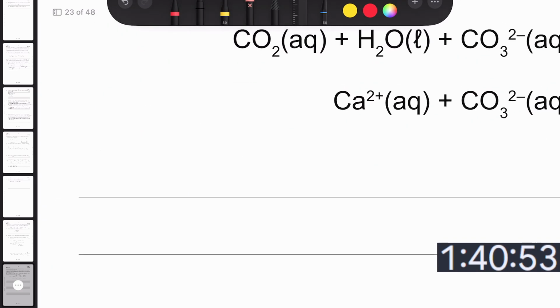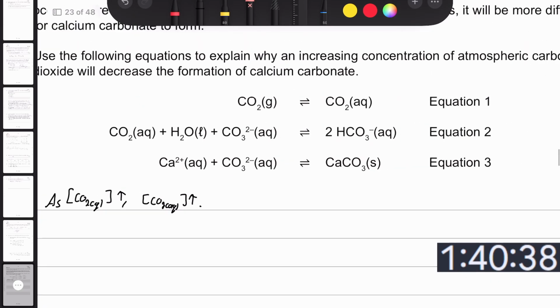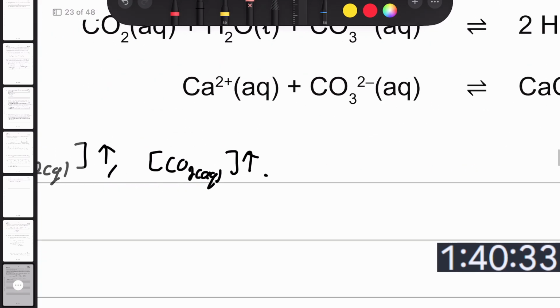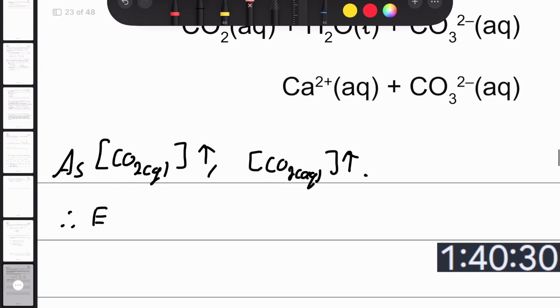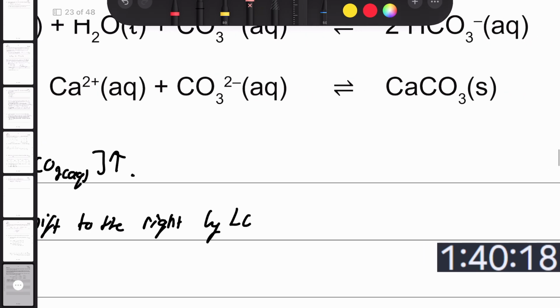So then as CO2 gas increases, the CO2 aqueous will also increase. Therefore, equation 2 will shift to the right by Le Chatelier's principle.